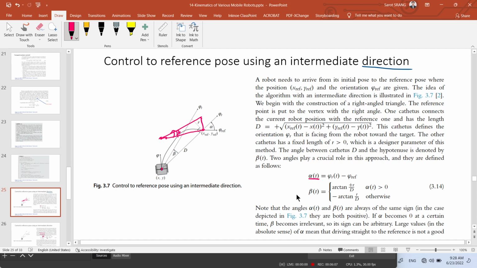So beta can be computed as arcsin of r over the distance d, and the sign of beta is chosen so that it always has the same sign as alpha. We check the sign of alpha all the time, and then set the sign of beta accordingly. We are going to see the control algorithm soon.